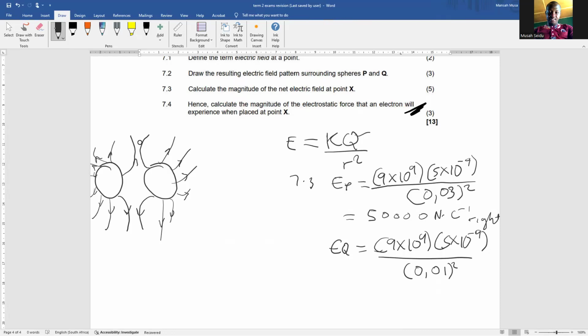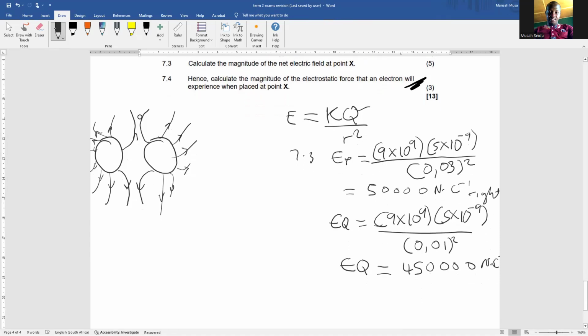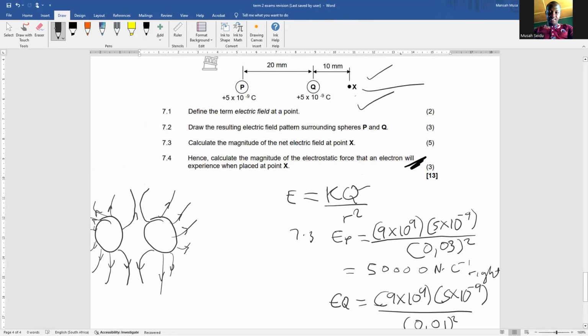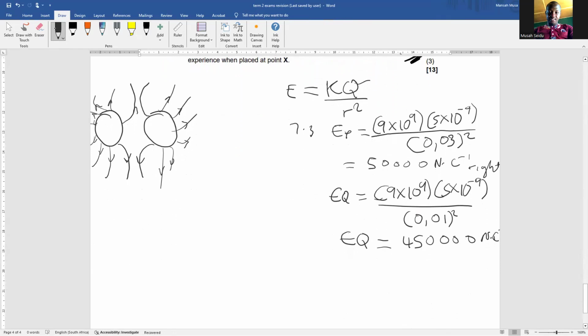So now this gives us 450,000. But to what direction? It is still to the right, because the Q is positive, so they're still going to repel. So the X still goes to the right.